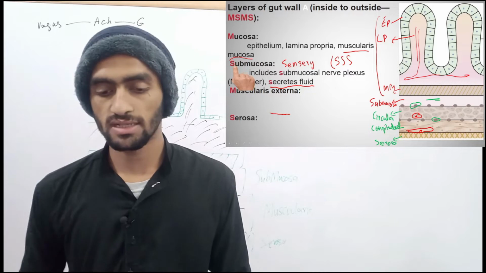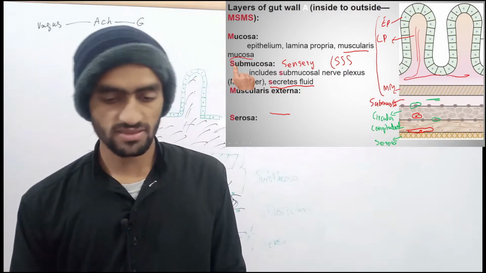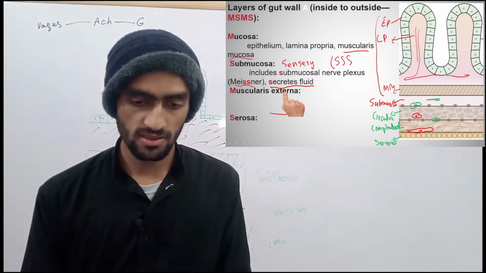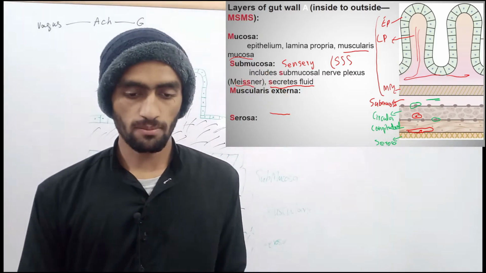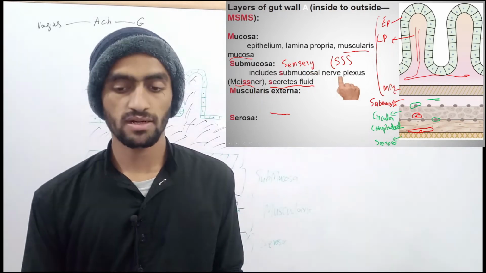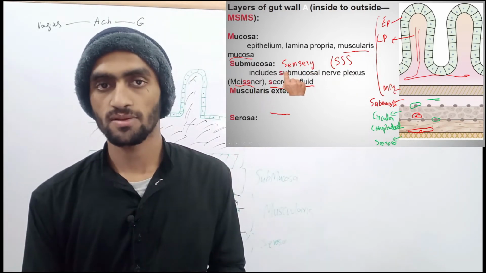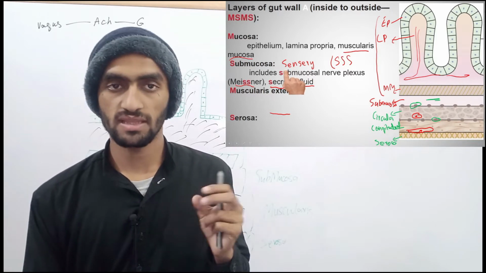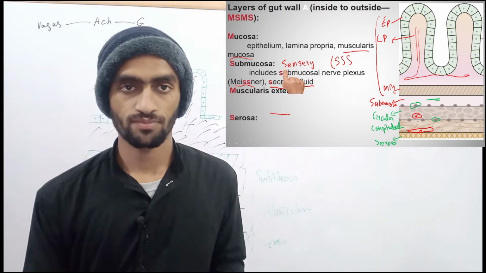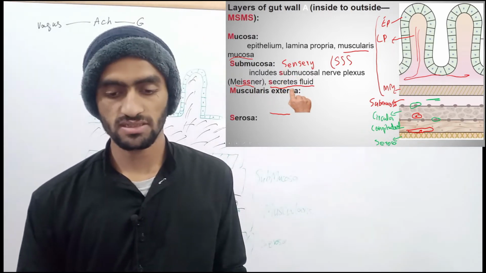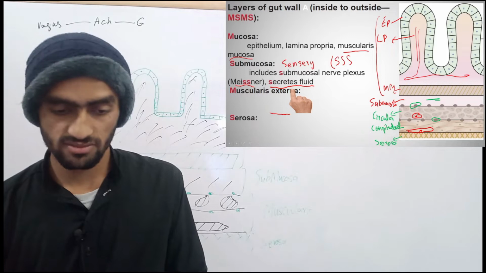So in this way they control the process of secretion, exocrine as well as endocrine secretion. You can remember by the mnemonic triple S: submucosa has submucosal plexus, they have sensory innervation, they secrete, they are involved in controlled secretion.